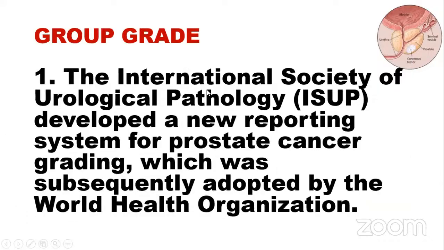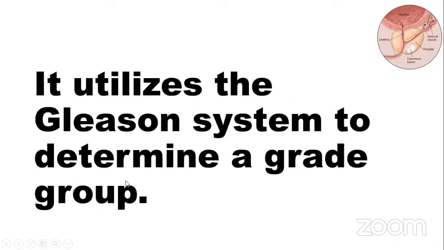Grade group. The International Society of Urological Pathology, ISUP, developed a new reporting system for prostate cancer grading, which was subsequently adopted by the World Health Organization, the WHO. It utilizes the Gleason system to determine a grade group.